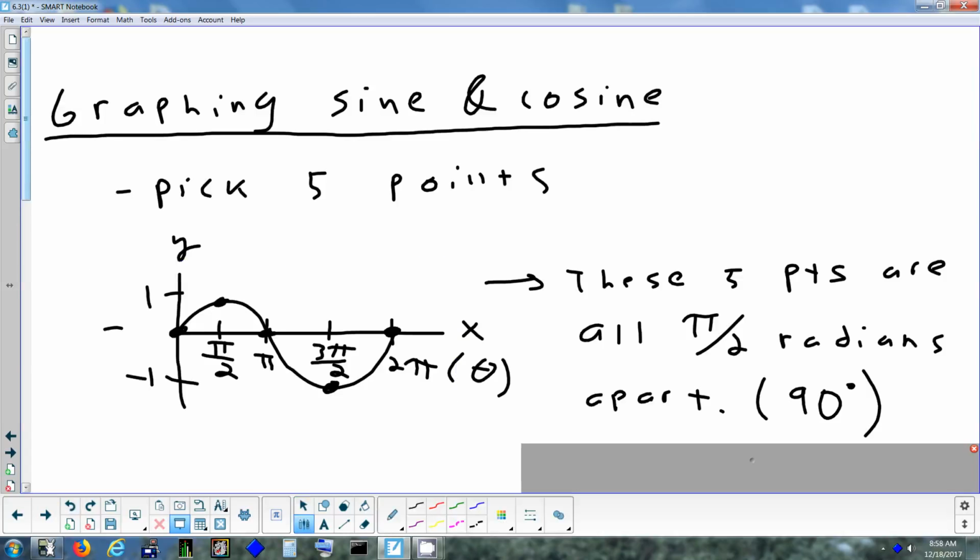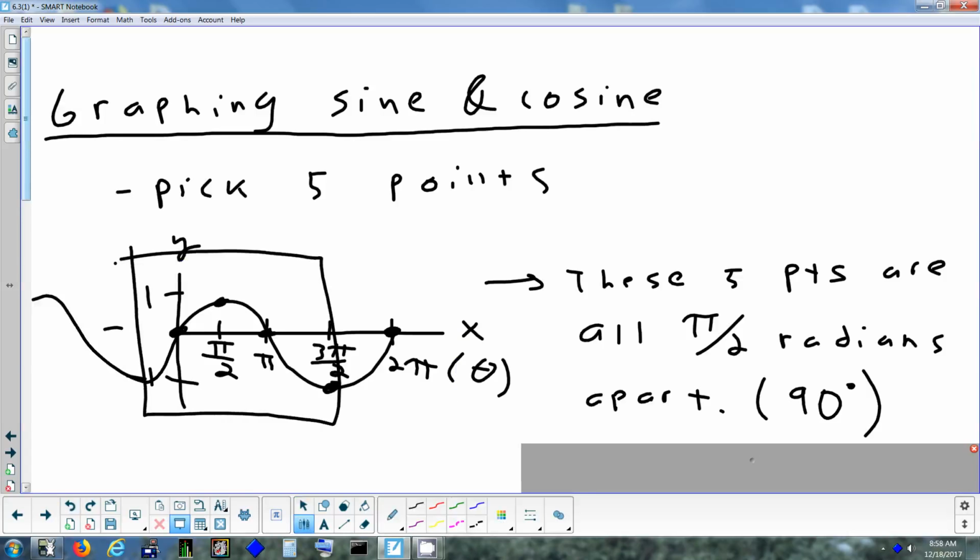Okay, if you were to extend this graph a little bit, say you extend it that way, what I just put a box around, that's also one cycle. Lowest goes to the highest, back to the lowest. Okay?